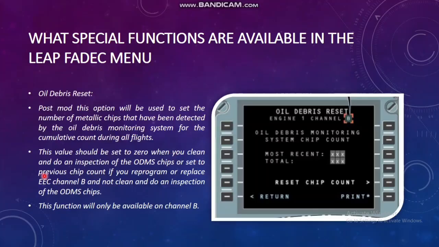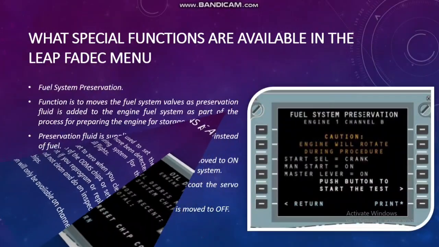It should be set to the previous chip count if you are just reprogramming the EEC channel B. This function will be available only for channel B. You will not find it in channel A. So whenever you need oil debris reset, you have to go through the engine and then select channel B. Only there is this function available.